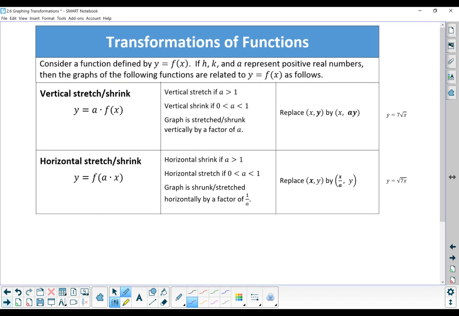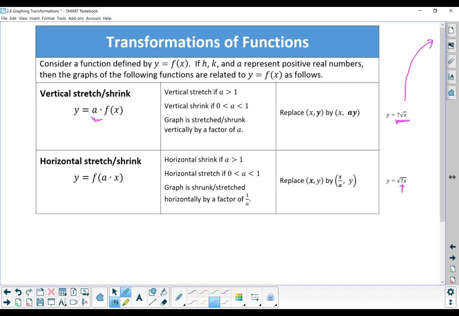We can have vertical and horizontal stretches and shrinks as well. If you see a function multiplied by a value, that's going to be a vertical stretch. So if it's in front of that root there, that's stretching it really tall for the square root function. If it's inside the root or whichever function type you have, like with the x, that's going to be a horizontal stretch or shrink.